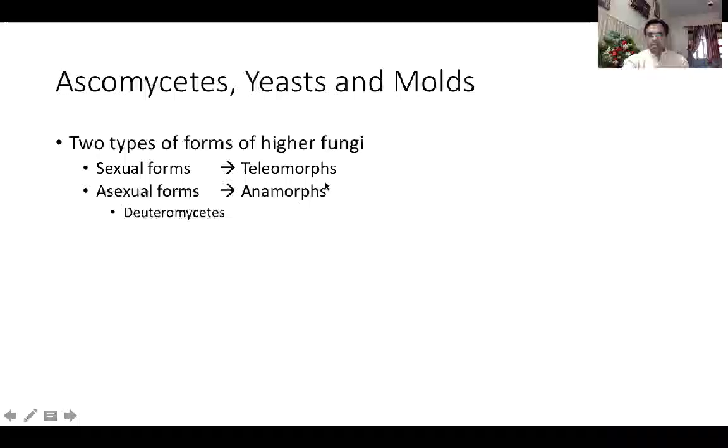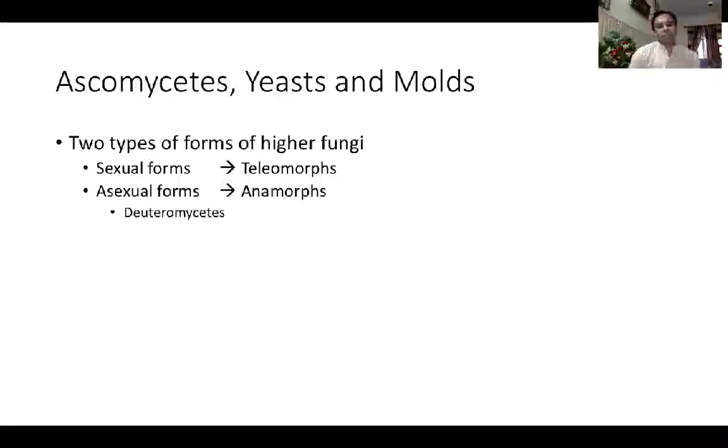As soil microbiologists mostly deal with the shapes of fungi which are present in soil, and mostly the fungi present in soil are present in their asexual forms, and these are basically anamorphs. So either their sexual forms are known or not known. So two things can be possible. In some cases, the sexual forms are also known, and if the sexual forms are known, they are separately named, but they are basically teleomorphs.